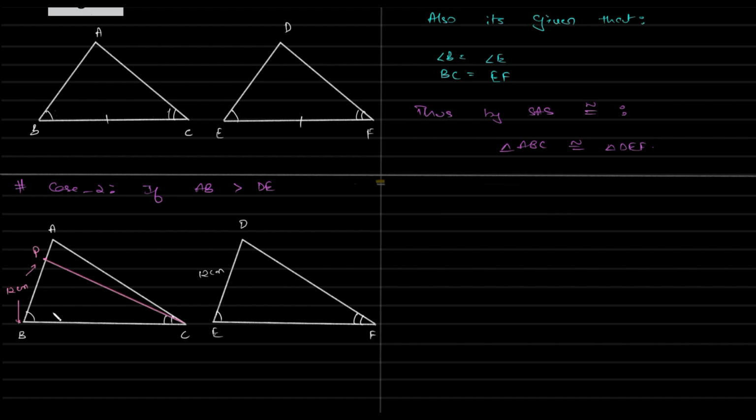Since AB is greater than DE as per our assumption, we will have a point on AB wherein the length will be equal to DE. That point is your P. So PB is equal to DE. We need to write that.